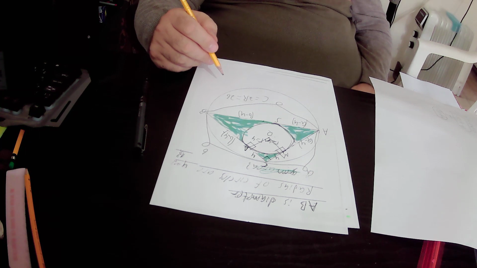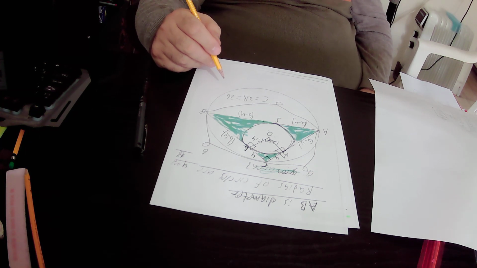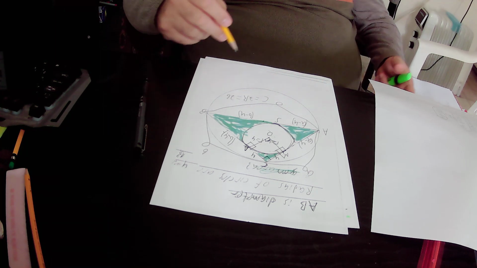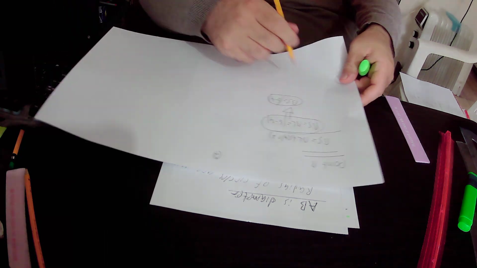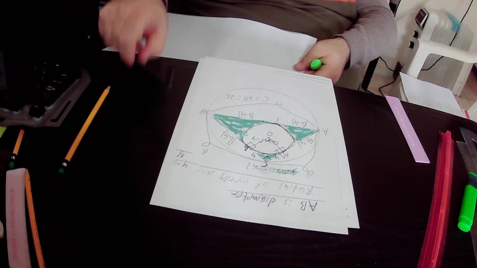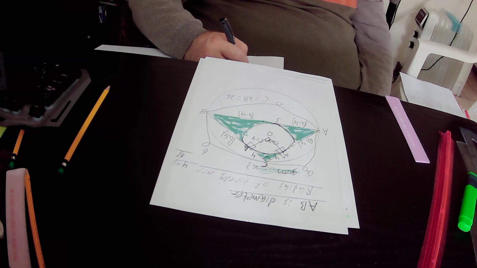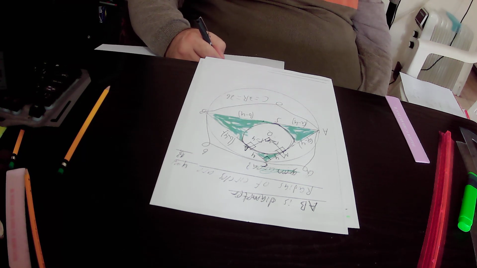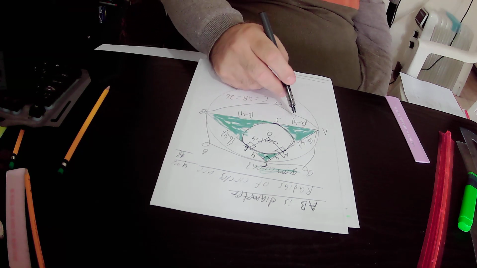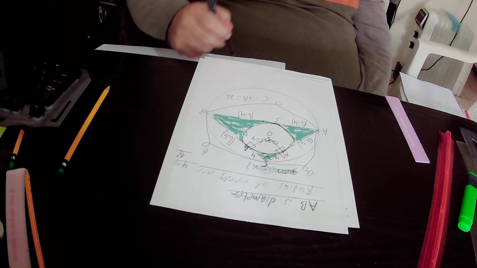So actually, you can create here equation number 1, that is the length of the diameter AB. So the length of the diameter AB is equal to 26 units. It is equal to AS, that is A minus 4 of course, plus SB, that is B minus 4.